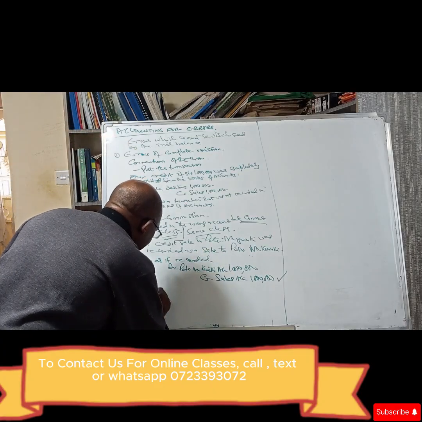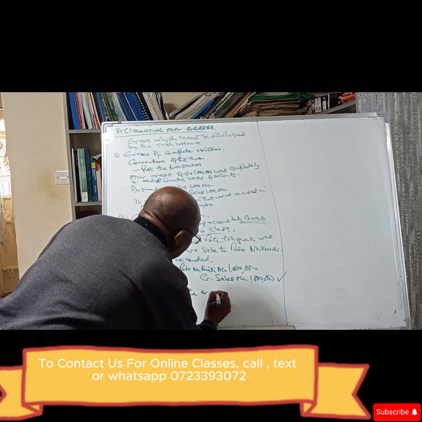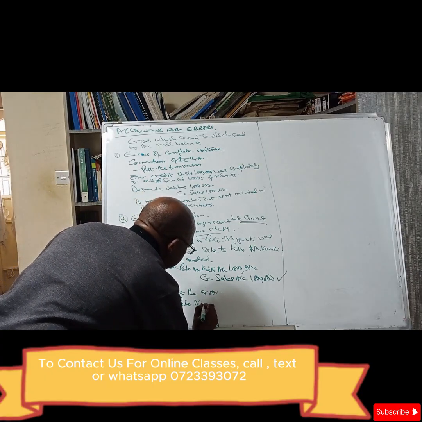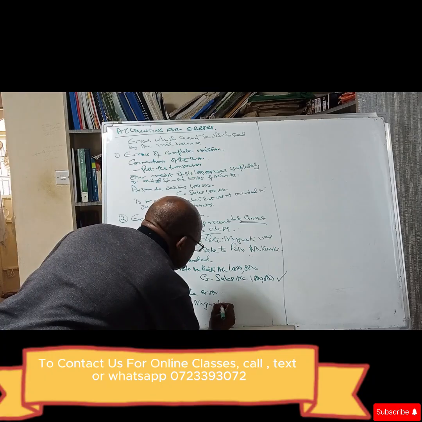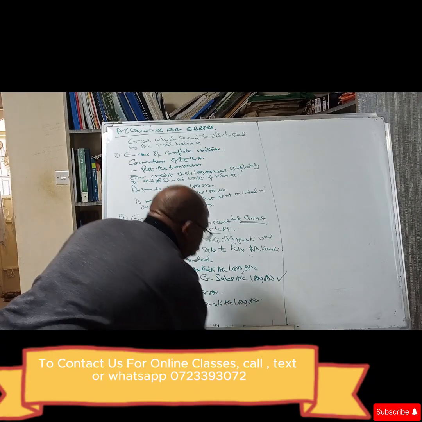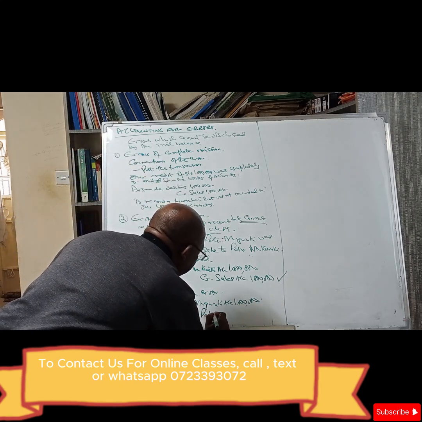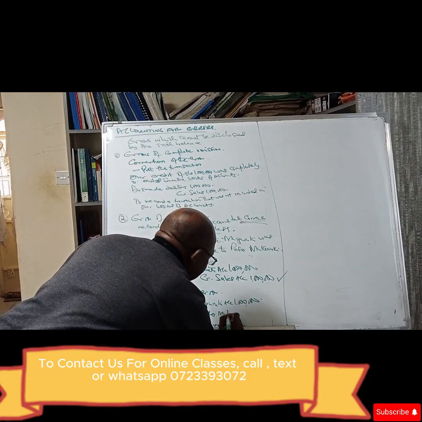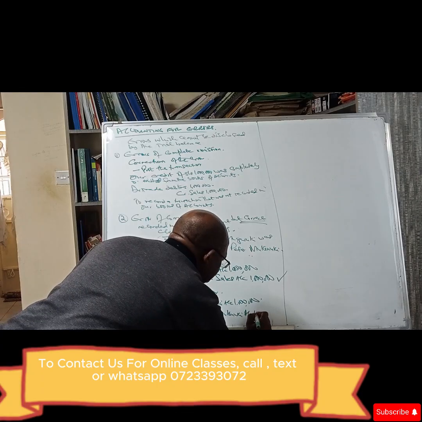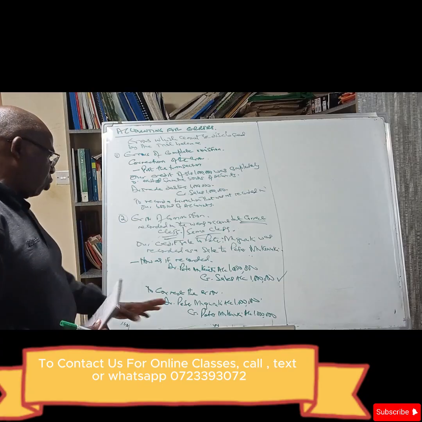To correct the error, we debit Peter Mogoroki account, taking to his account what we never took, and then we credit Peter Mukenoki account with 1 million shillings to reduce the debt.